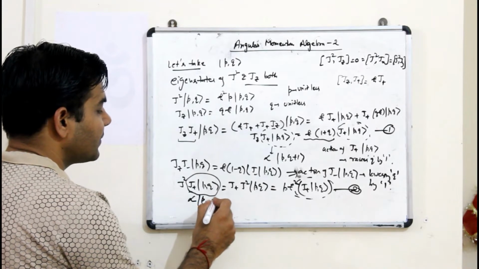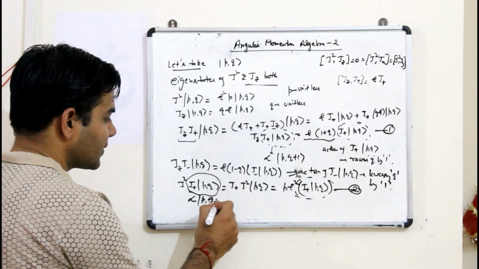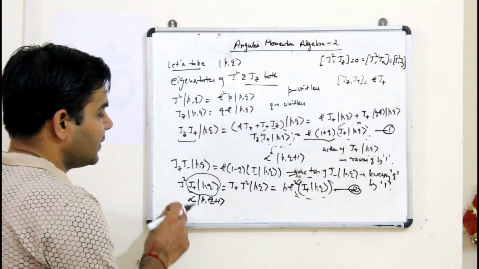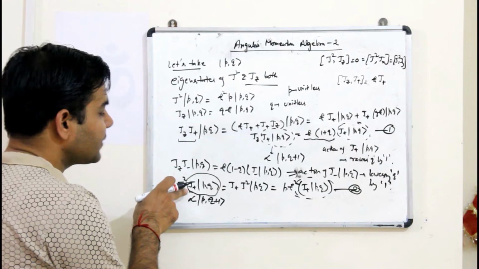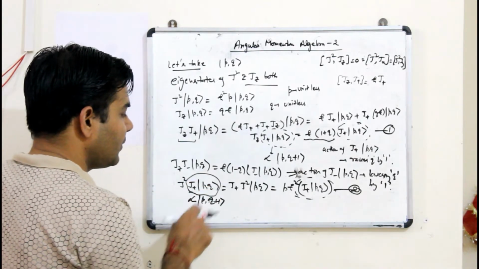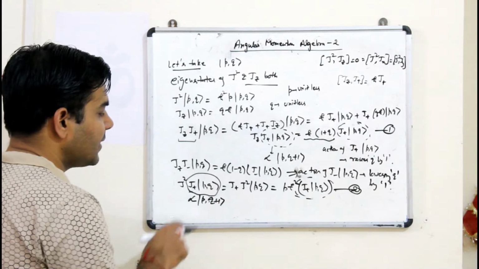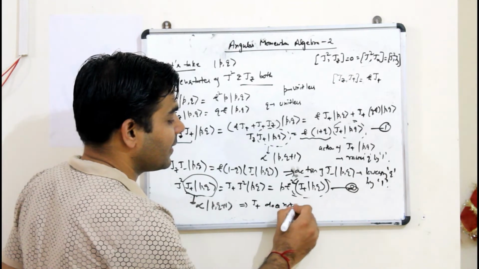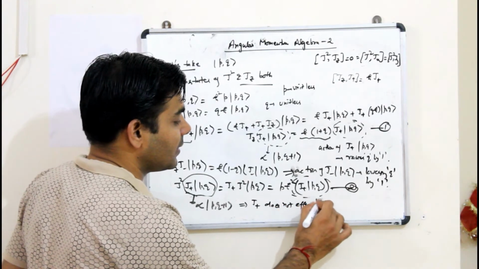P and Q may be something else, which we have seen, just it is q plus 1. Okay, so this means the action of J plus on PQ is raising Q by 1, and it does not affect P at all.